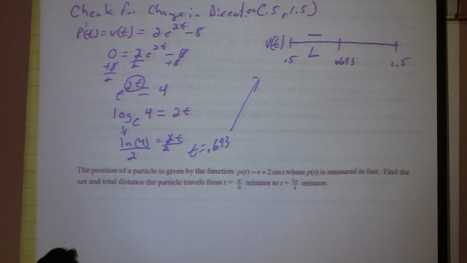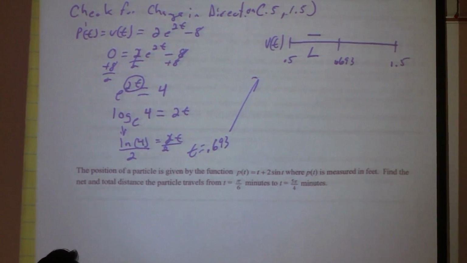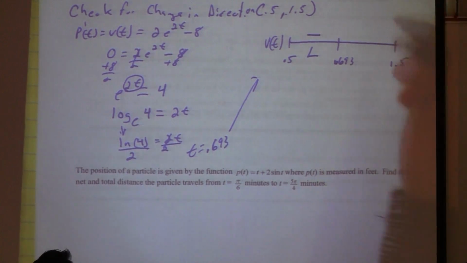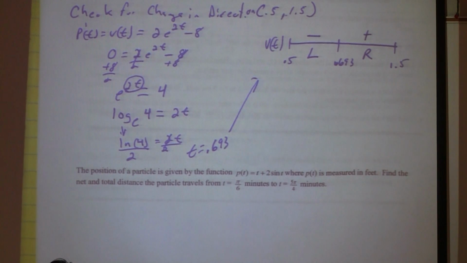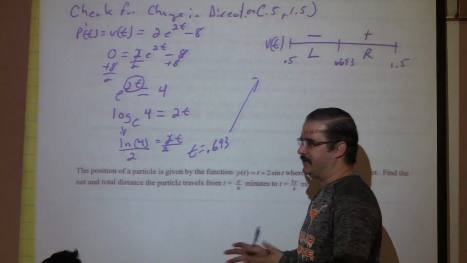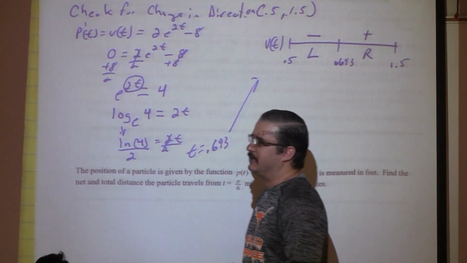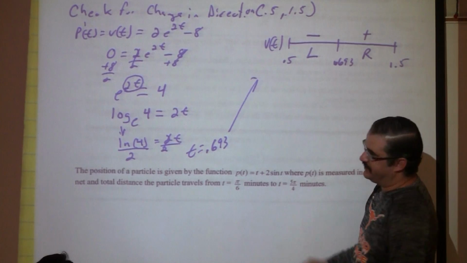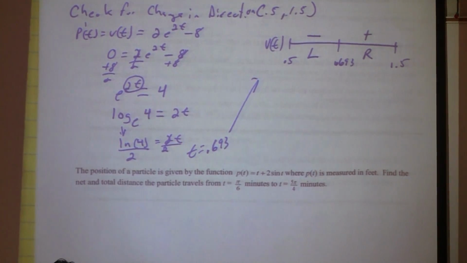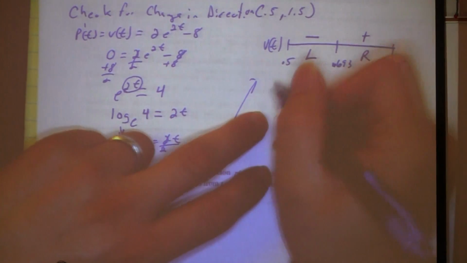Alright, between 0.693 and 1.5? 1? So e to the second times 2 minus 8, what do you think we should get? A positive. Oh man, so now it's moving to the right, okay? So I gotta do distances separately and then just add them, right? So I'm going to do the distance from here to here plus the distance from there to there to find the total distance. Good?